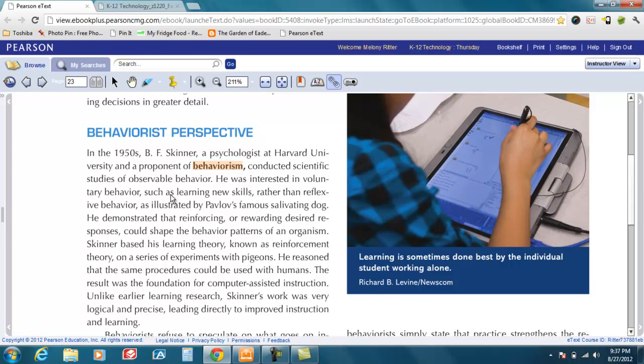But just like every perspective, there are limitations, and behaviorists refuse to speculate what goes on internally when learning takes place. They rely solely on what's observable, and so as a result, they're more comfortable explaining relatively simple learning tasks. Behaviorism is limited in its application in teaching higher level thinking skills.